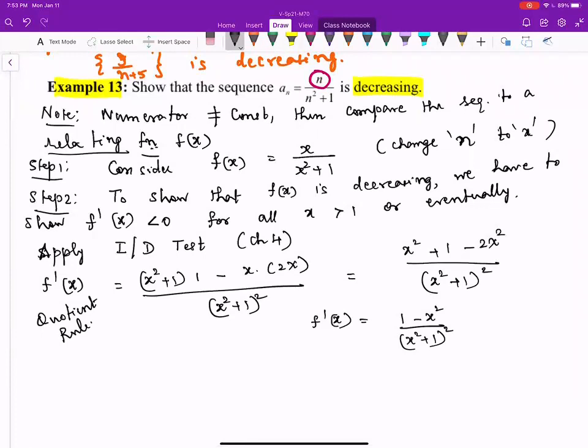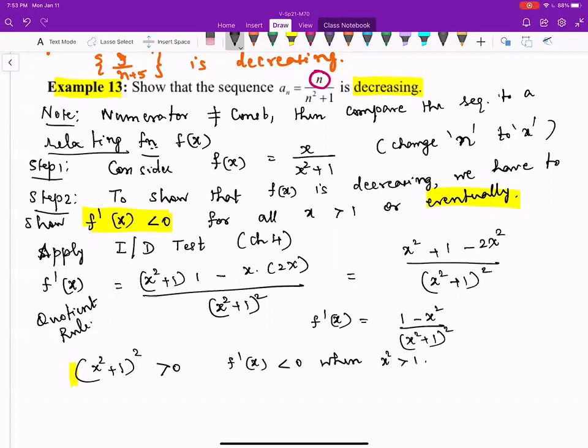So whenever x squared is more than 1, we have to say that f prime of x is less than 0 eventually, right? In this case, f prime of x is 1 minus x squared over the denominator. The denominator (x squared plus 1) the whole squared is always positive, being a square. So f prime of x is less than 0 whenever x squared is more than 1, right?